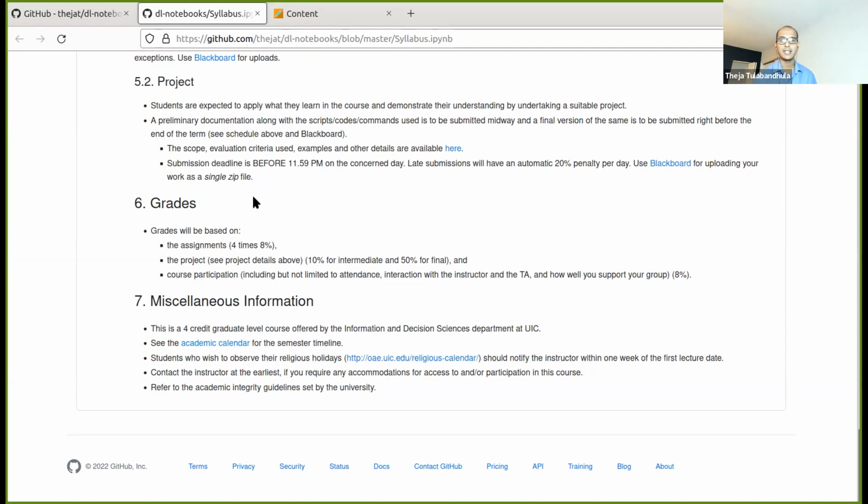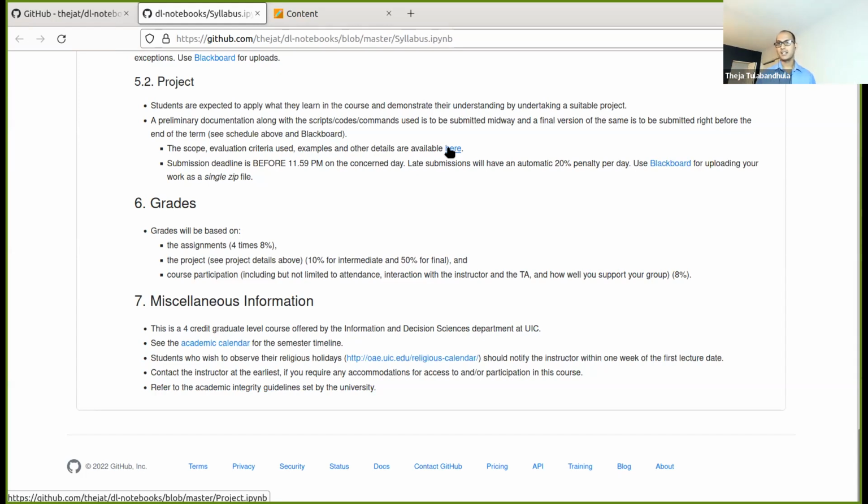There's a lot of details listed in the project link here. It's another notebook in the same repository. It gives you a sense of what the scope is, what the evaluation criteria are, what some examples are, and it gives you links to some example data sets and some example web pages that you can go to get a sense of what could be an interesting project.